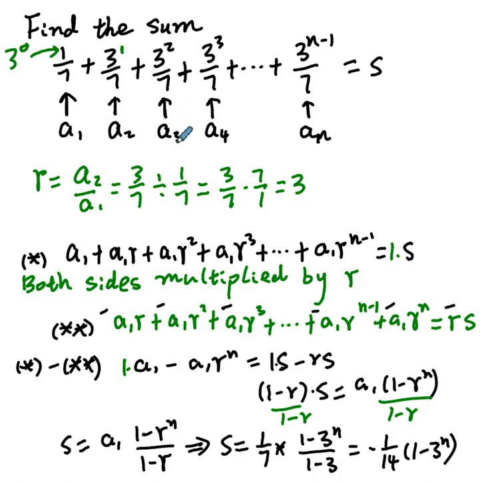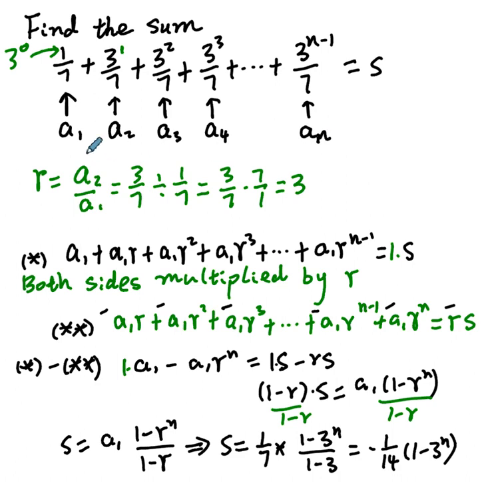For A3, the third term, the exponent here is 2. For the fourth term, the exponent here is 3. So for the nth term, the exponent here is n minus 1.